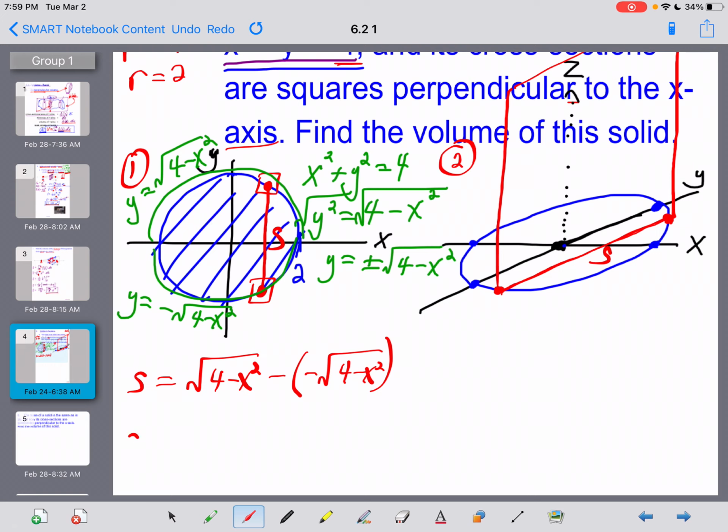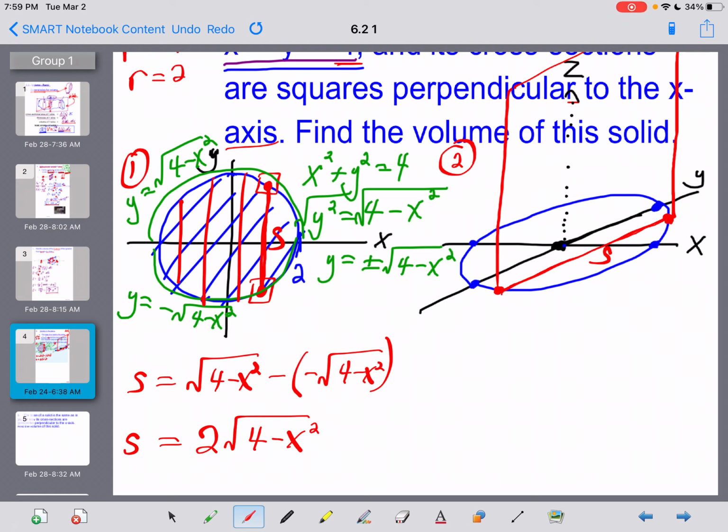And that means that S is going to be 2 times the square root of 4 minus x squared. Okay, that is the length of S, and it's going to change depending on the x coordinate where you draw it.